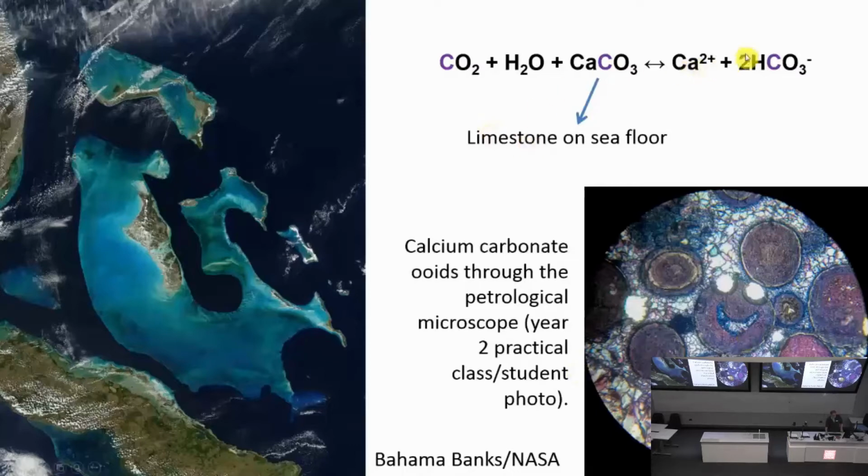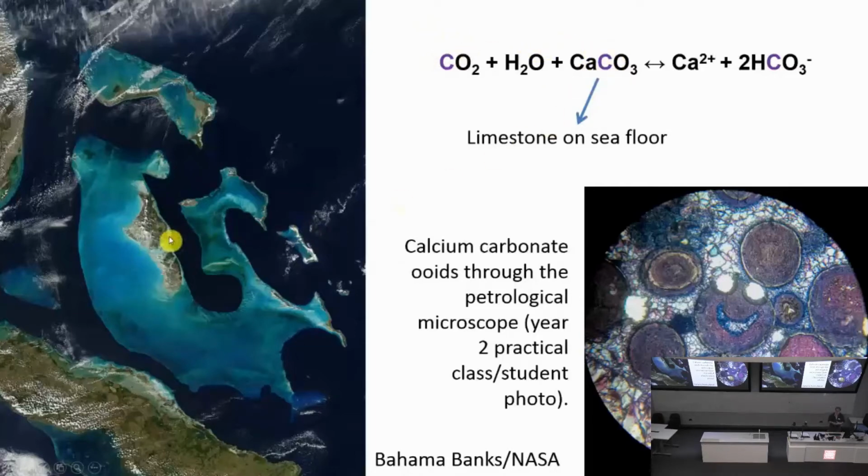So what's happened is that the bicarbonate and calcium ions, which have been produced by the plants, put into the water, run down the river, into the sea, have now become calcium carbonate. One of the carbon ions has been released as carbon dioxide into the atmosphere, but the other one has been captured in the form of limestone.